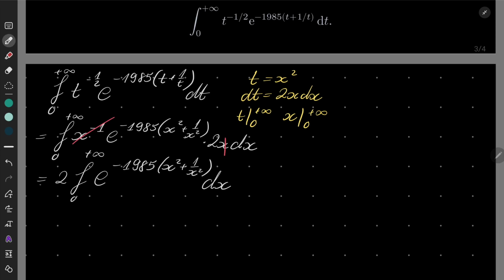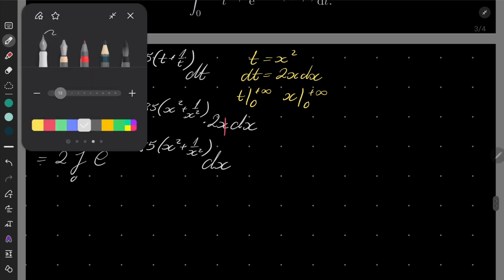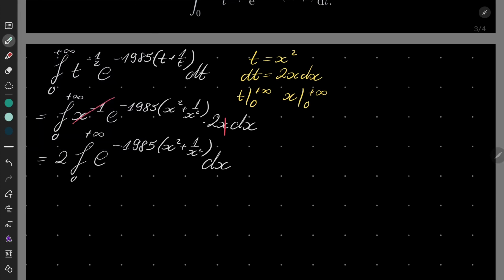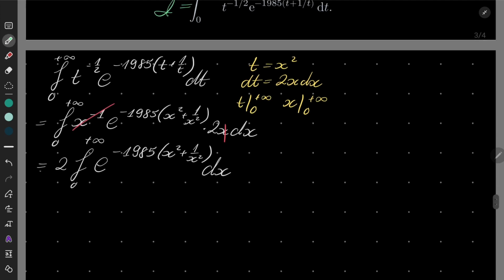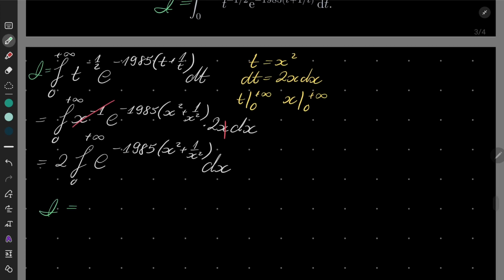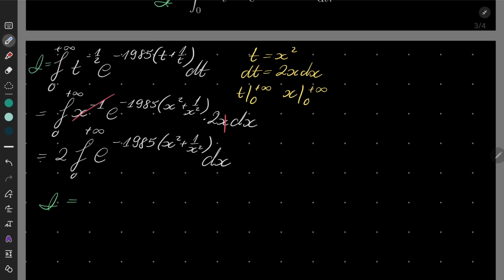Okay, but now let's do the following. Let's call our integral I. And now let's observe that we can make the following change of variables. Let x be 1 over y.